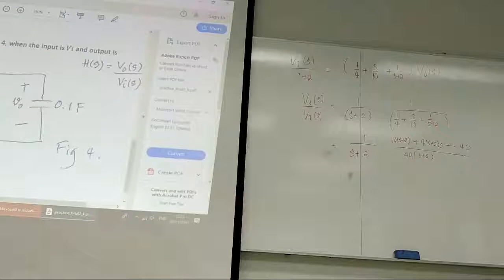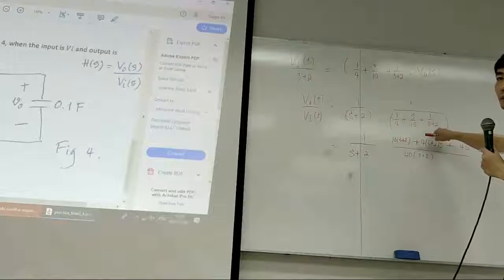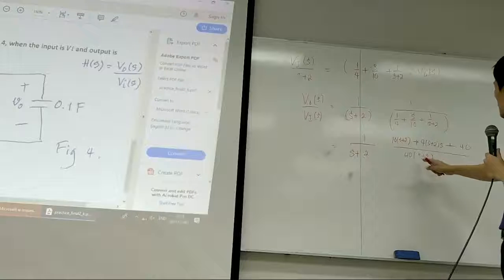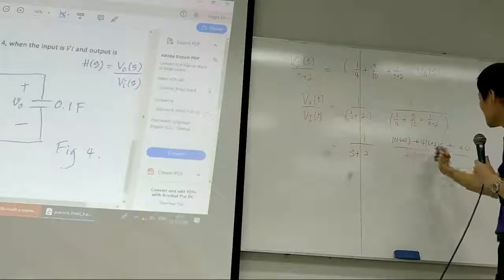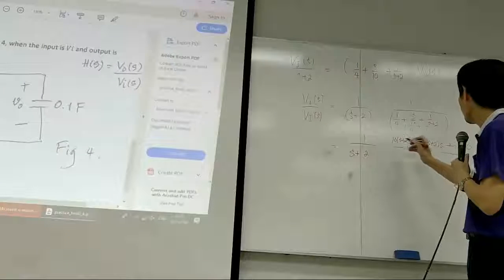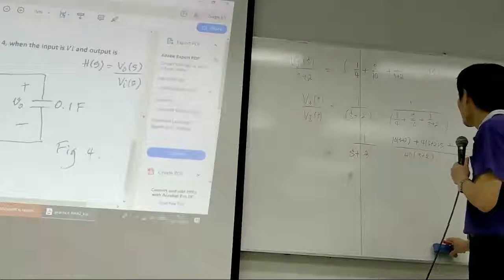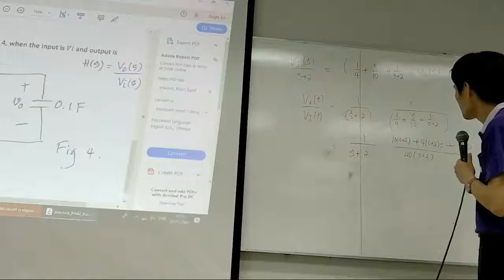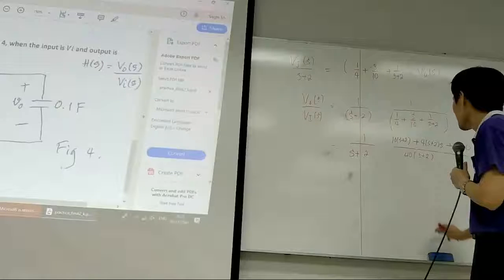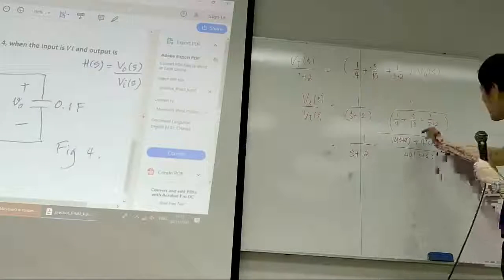Shouldn't the denominator be 40S times S plus 2? Oh, just the bottom. I'm sorry, this is the bottom part. I have to move it up. Right, this is the bottom part, the very bottom, with the one on top.